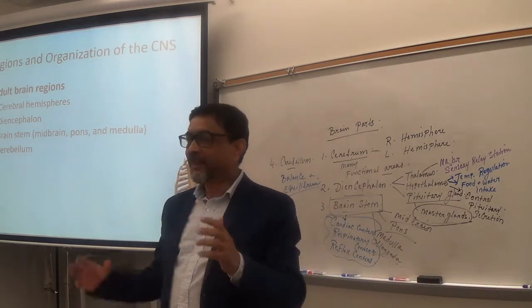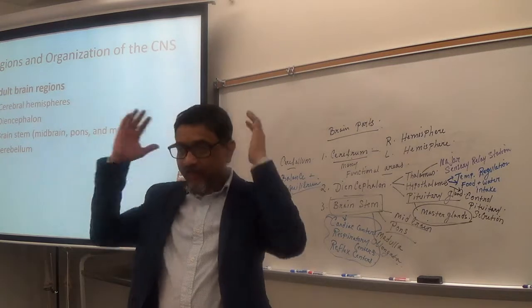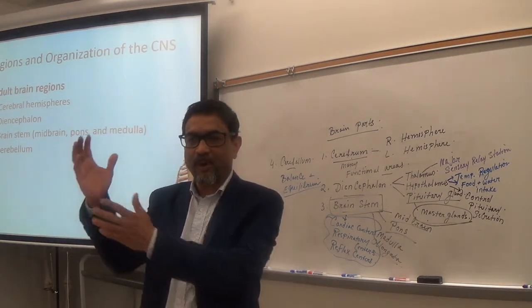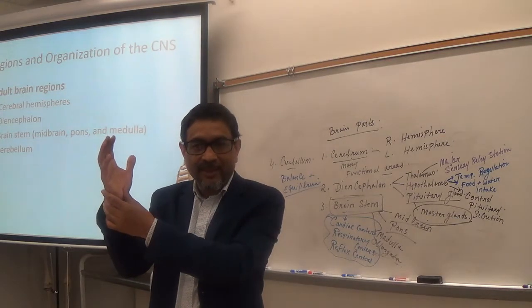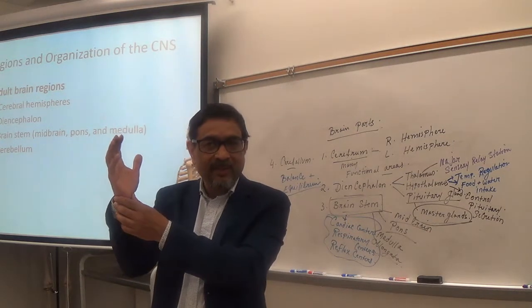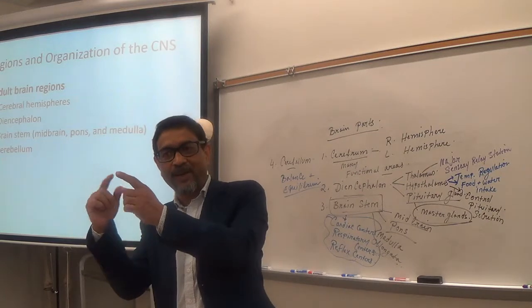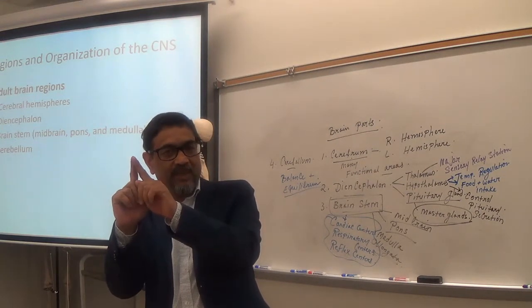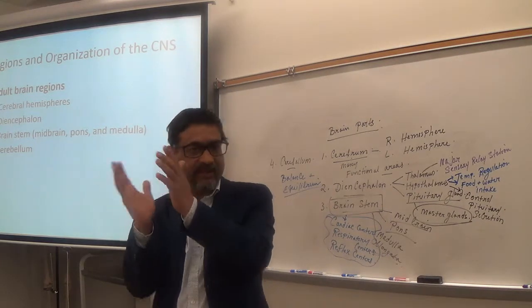Now you can think: your cerebellum needs signal from where to maintain the balance? From the skeletal muscles, right? From the joints. Like when our body tilts, tilt occurs at the joints, right?